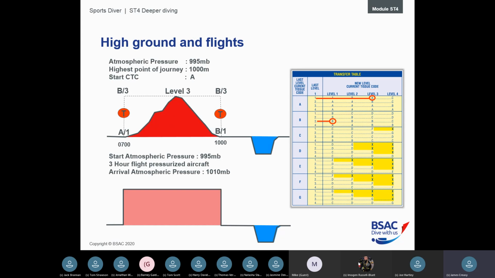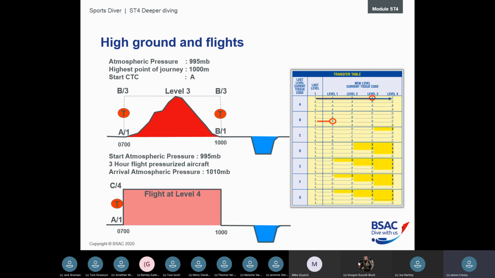We're ascending, then going along at the height and then descending. At 7 AM, our flight is at level 4. So if we are on a tissue code A at level 1, we will go across to level 4, as you can see by the blue arrow on the table. So level 4, last level 1, it takes us to tissue code C.